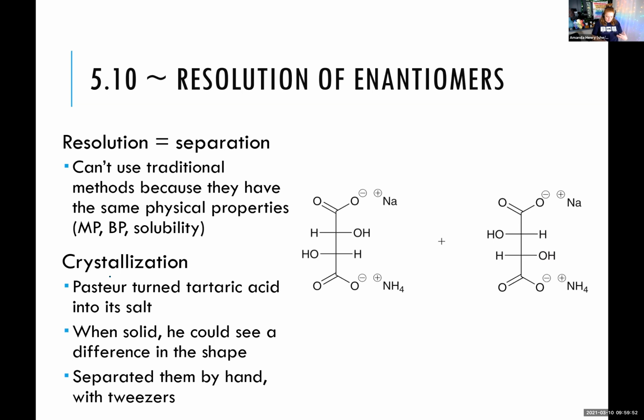And one of the most common ways was actually figured out by Pasteur. So we've probably heard his name pop up in other chemistry classes, biology classes. If we were in class, we'd be using a Pasteur pipette, so literally named after him. But what he did was he reacted a combo of enantiomers. So it was tartaric acid.